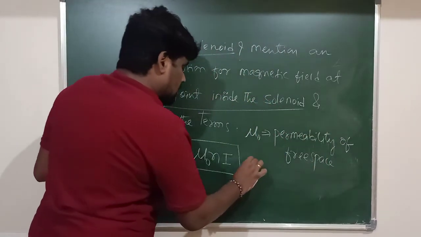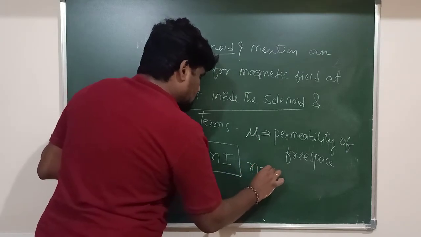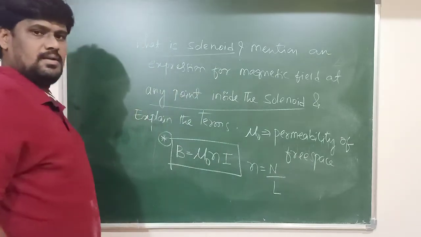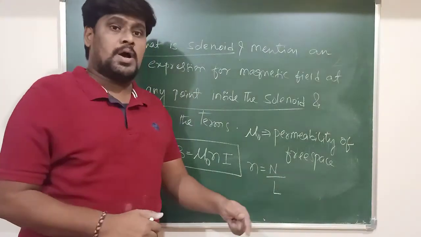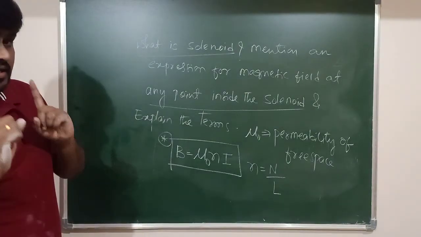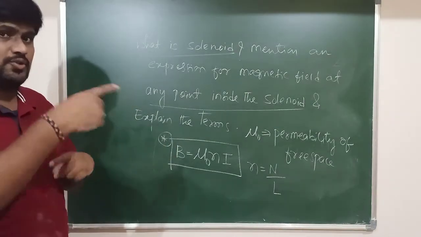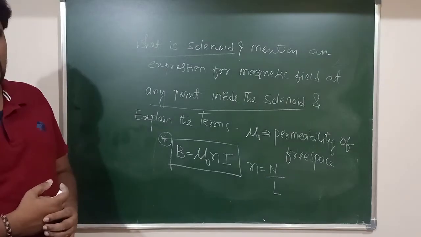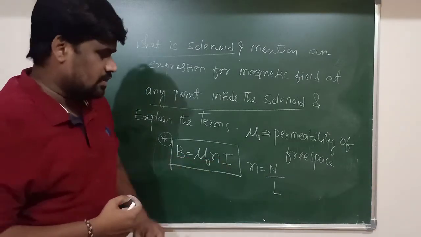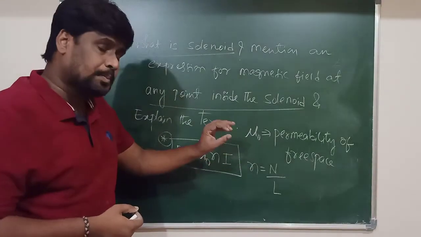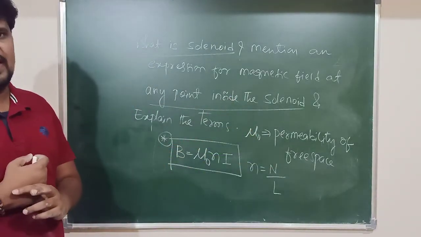And what is n? Small n is equal to capital N by L, where capital N is the number of turns of a solenoid and L is the length of the solenoid.